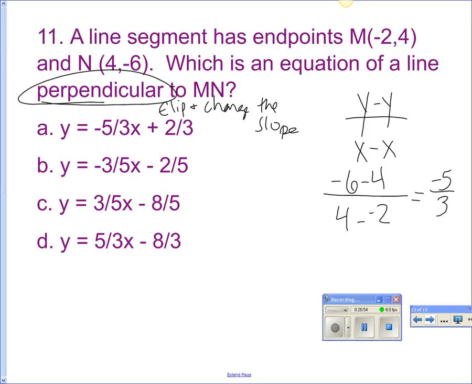Caitlin, what do I have to do with negative 5 over 3? Sarah, do you know what I have to do with negative 5 over 3? Very good. That's the thing that is really easy to forget. You do all this work, and then you forget to flip and change it. All right, so what does negative 5 over 3 flip and change to? Positive 3 over 5. Okay?